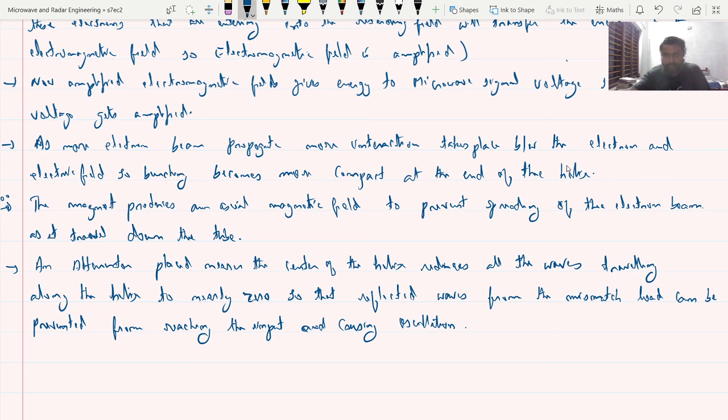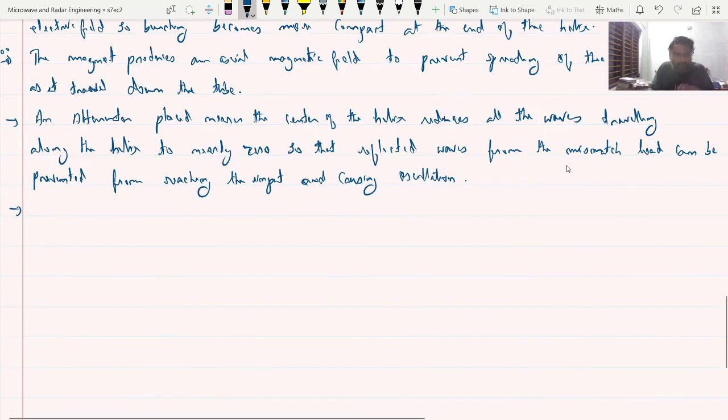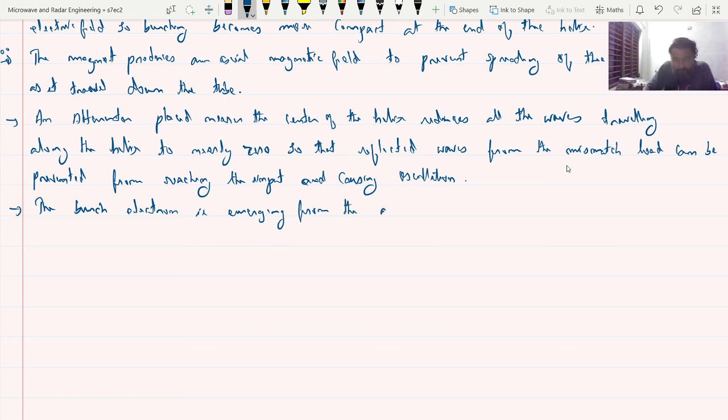Okay, so the bunched electrons that are emerging from the attenuator will induce a new electric field with the same frequency.